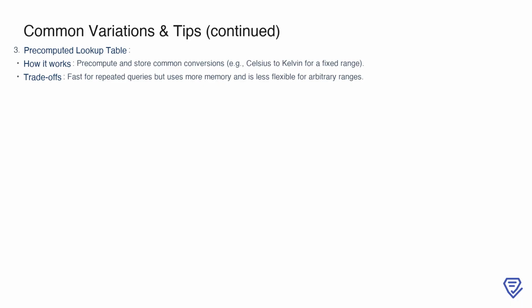It requires additional memory to store the table and is less flexible when dealing with arbitrary temperature ranges outside the pre-computed values. Despite these limitations, lookup tables can be a powerful tool in scenarios where speed is a top priority and the range of inputs is predictable. By understanding the advantages and trade-offs of each approach, you can select the one that best fits the problem's context and requirements.